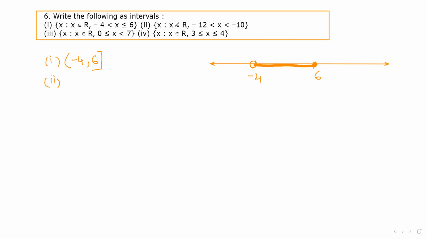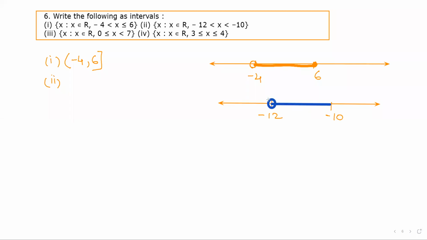The second: x is a set of all x such that x belongs to real number, minus 12 less than x less than minus 10. So x is lying between these, but we cannot include either of these two.